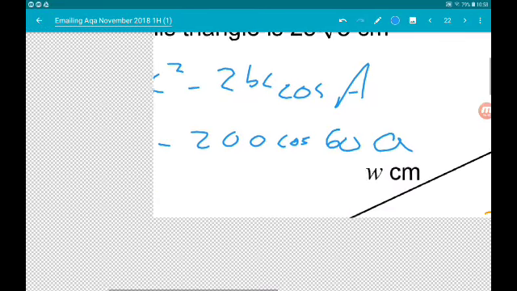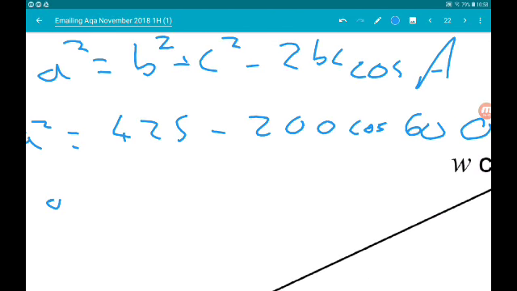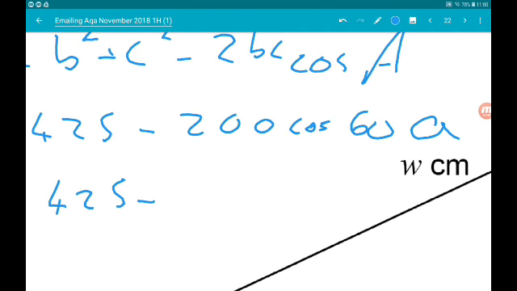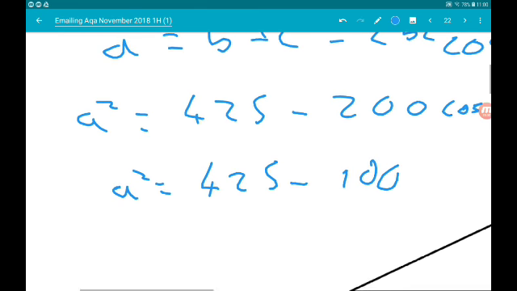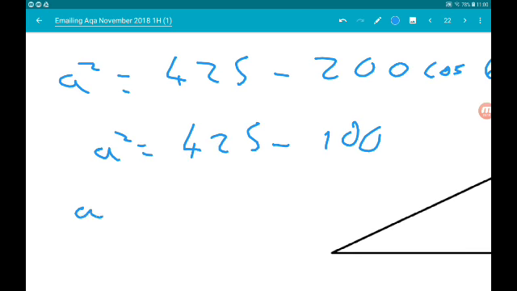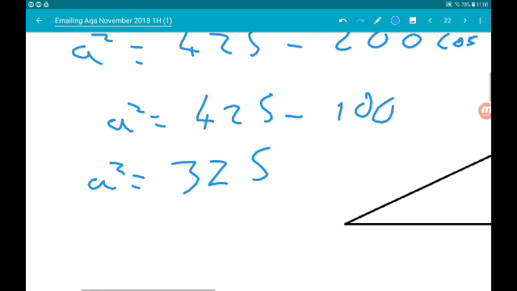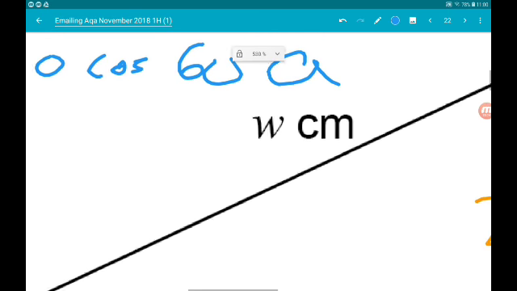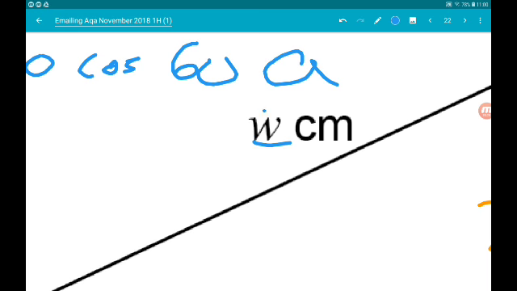Okay, so we've got A squared is 425 minus 200 times a half is 100. So we got A squared is 325. Good times, right. So now that we've done with the cosine rule, remember that A is really W.